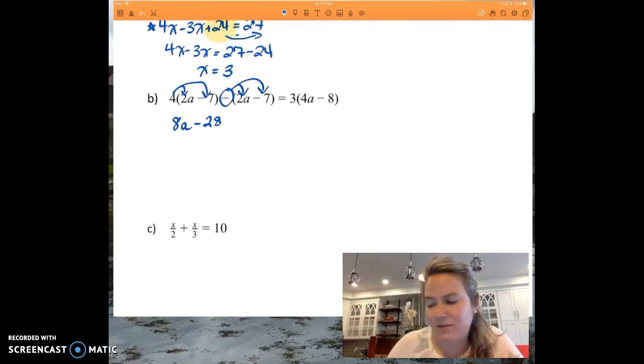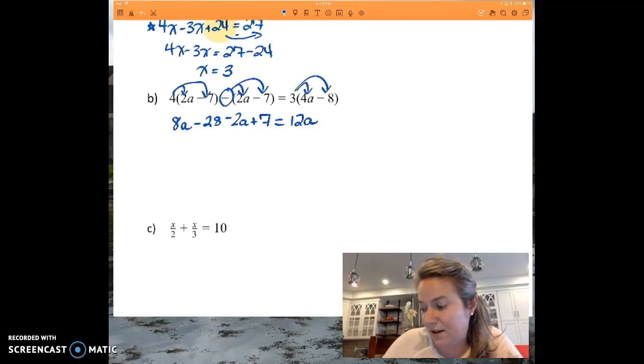So negative times the 2a is minus 2a. Negative times negative 7 is going to be positive 7. Okay, then my equal sign. Then we're going to expand the 3. 3 times 4a is 12a. 3 times negative 8 is negative 24. Now all the brackets are gone.